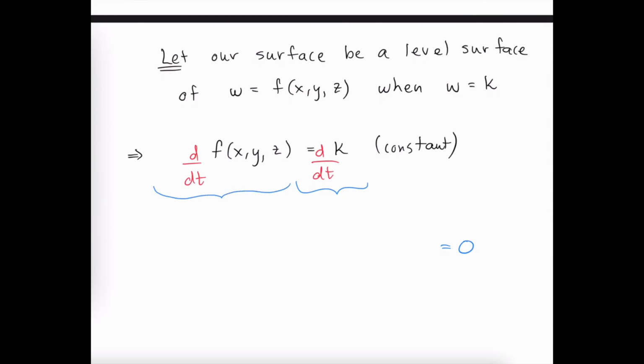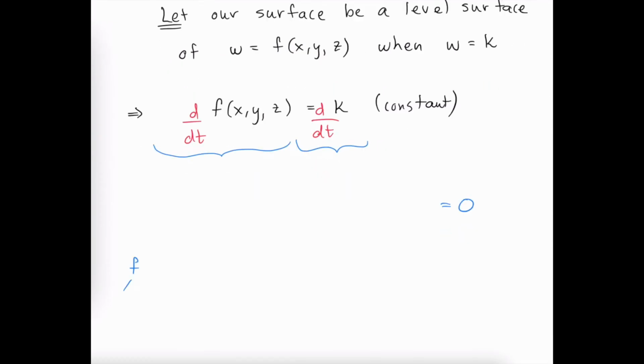But we're going to need to use our custom chain rule tree in order to determine the derivative of the left-hand side. So let's remember, f, the 4D function, depended on x, y, and z, and each of x, y, and z, those values were parametric equations that depended on t. So to get this derivative of the left-hand side, we're going to go down the first branch, which yields a partial of f with respect to x, and then down this x branch to the t, we have a straight d derivative, dx dt.